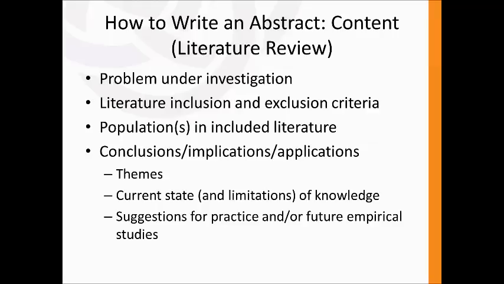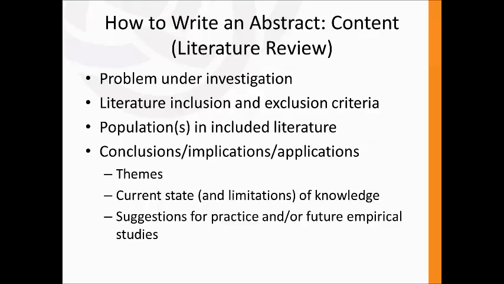Another piece that you have to include in this kind of abstract is the conclusions, implications, and applications. Excuse me. Essentially, a literature review will typically reveal themes. Oftentimes there are conflicting themes, which is actually a good thing because then it points to future directions.